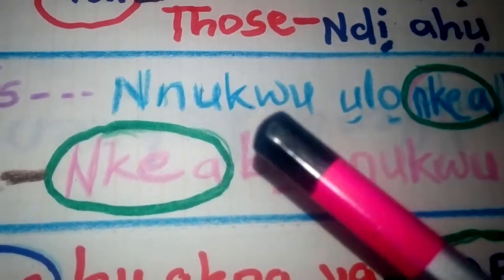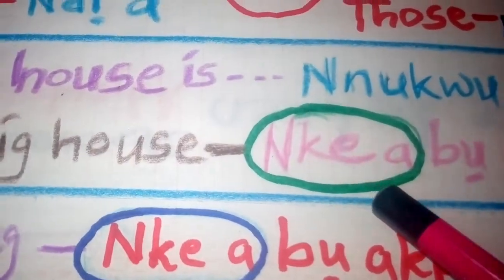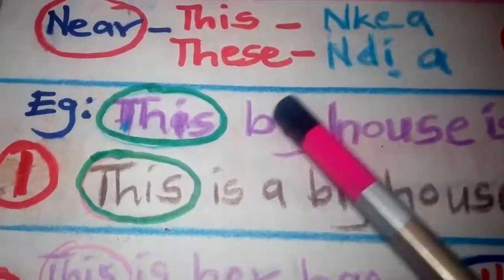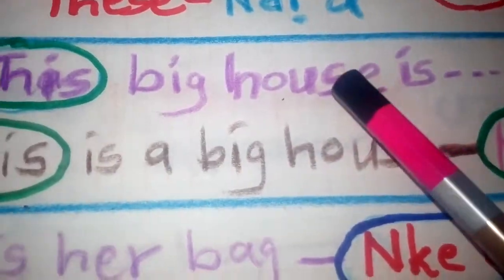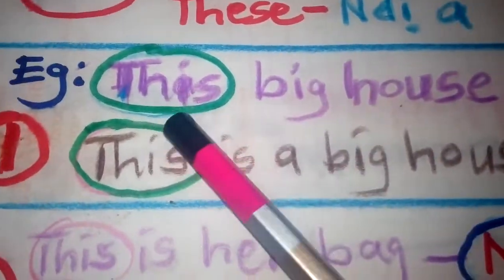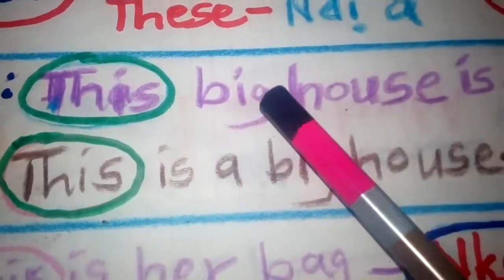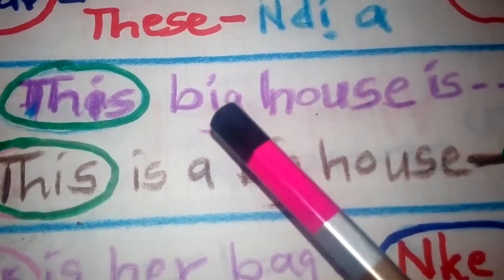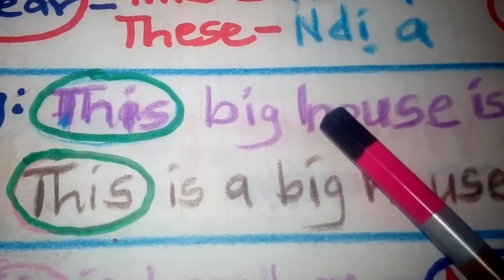So another thing is the linking verb. So this is demonstrative adjective. It does not have a linking verb to connect with or to point at the noun or pronoun in the sentence.